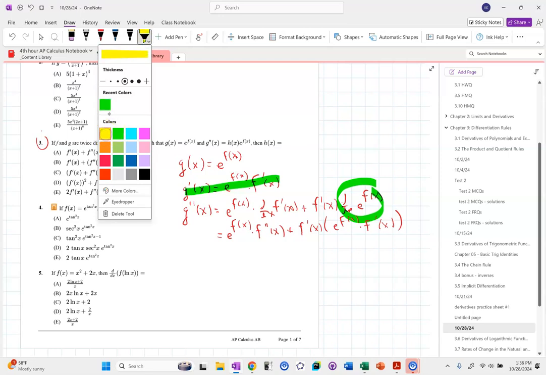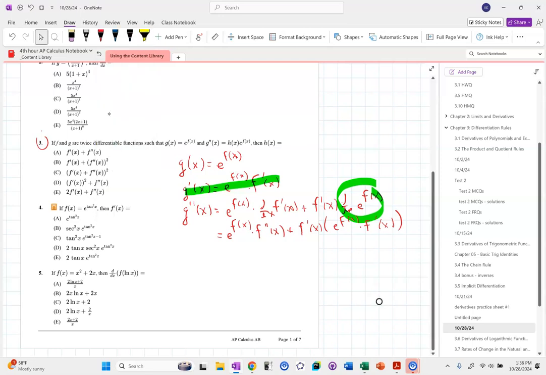So that's my second derivative of g. If I look, I notice that I have an e to the f of x in common with each term. So if I factor that out, I'm going to have f double prime of x plus, I have an f prime times an f prime, that's f prime squared.